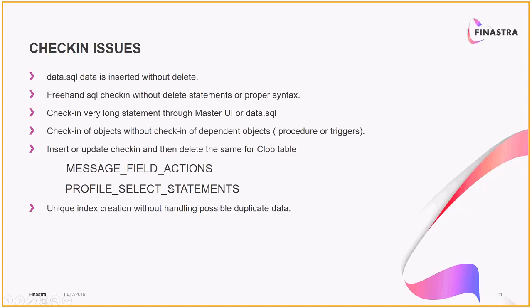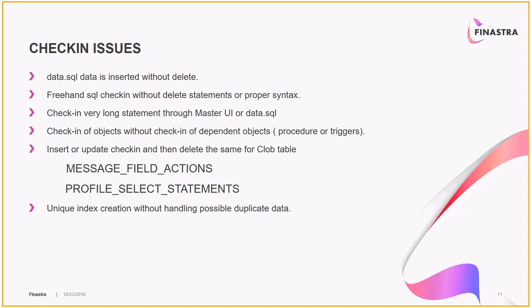The third one is check-in of a very long statement. Okay, so in data.sql or in freehand SQL, Oracle has a limit. Whenever in the normal SQL prompt which is used for the build, or which we use to connect through PuTTY, on that prompt, if an SQL statement is larger than 2000 characters, then it throws an error.